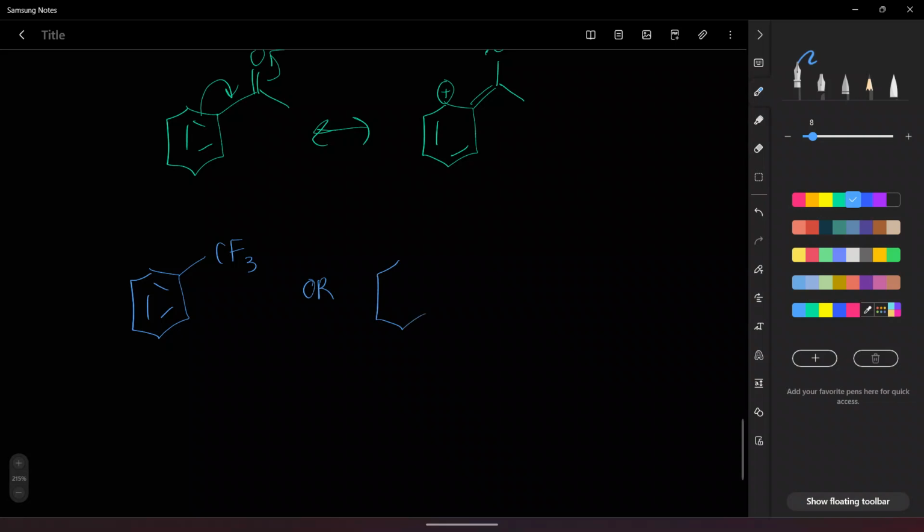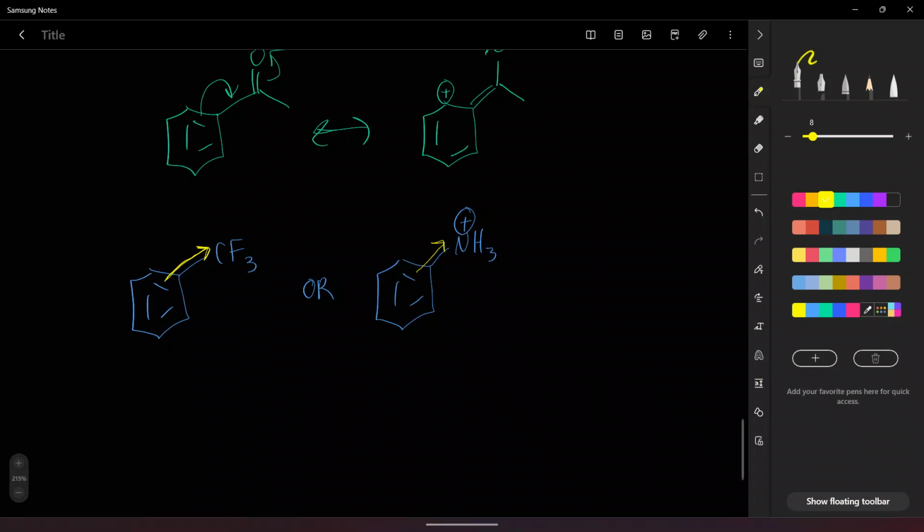Or if you have a positively charged atom, this usually happens with nitrogen, so you'll get positively charged nitrogen, okay? If nitrogen is positively charged, it's going to be sucking electrons up like a vacuum. CF3, fluorine is extremely electronegative, it's just sucking electrons up like a vacuum, alright? So it's pulling electron density out that way, okay?